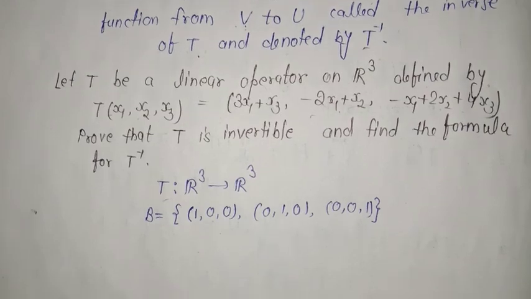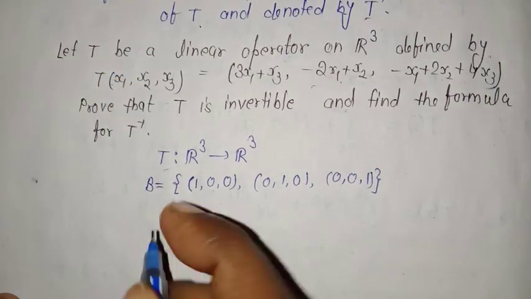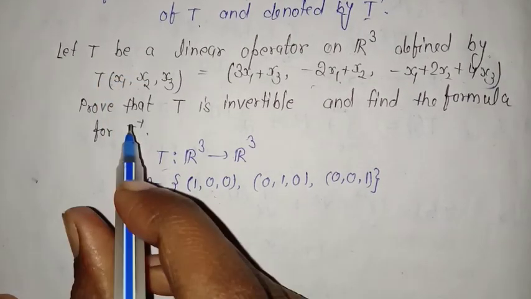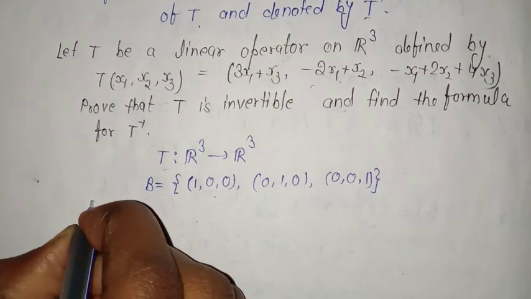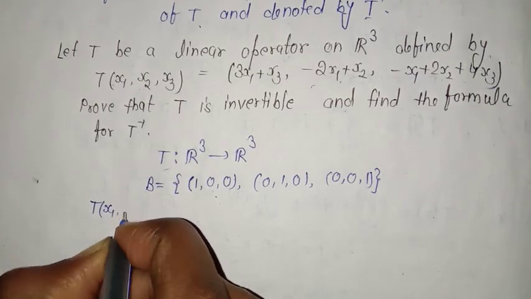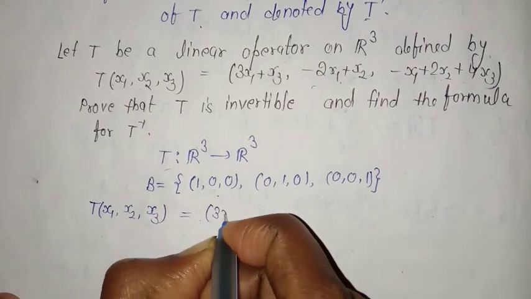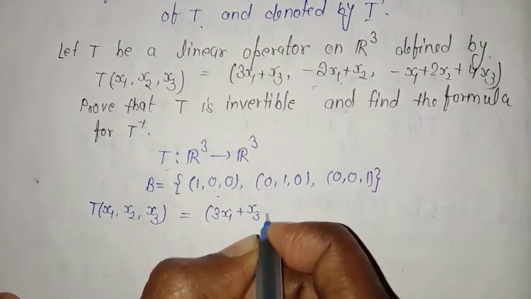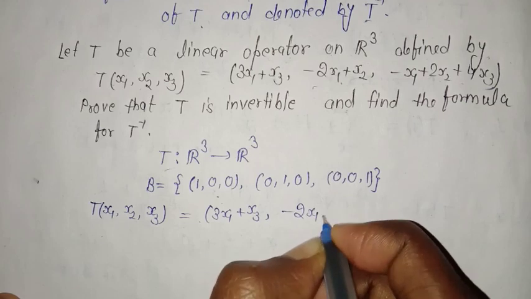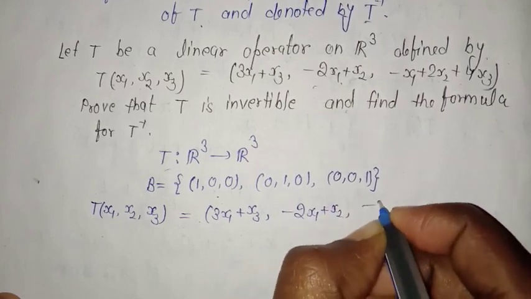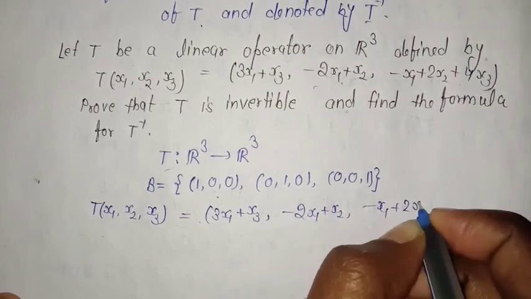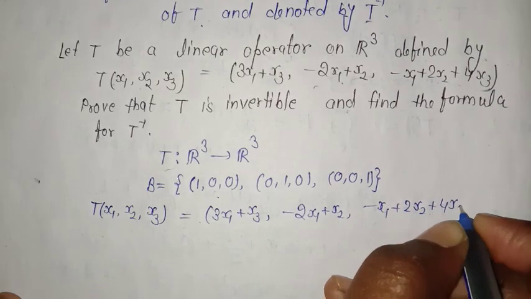Now we have this standard basis and we have to apply the elements of the basis over the given transformation. The transformation is T of x1, x2, x3 equals 3x1 plus x3, minus 2x1 plus x2, minus x1 plus 2x2 plus 4x3.